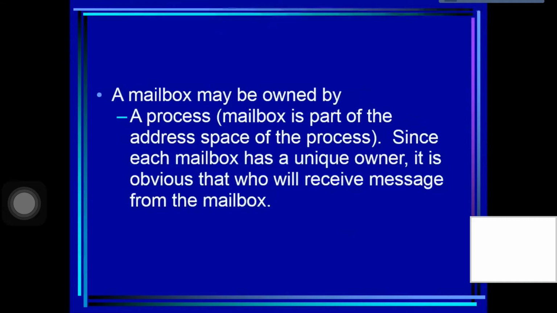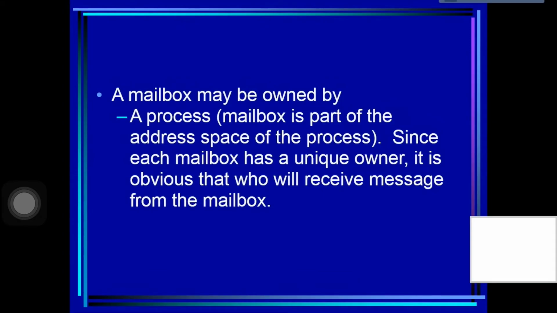A mailbox may be owned either by a process or by the operating system. If the mailbox is owned by a process, that is, the mailbox is part of the address space of the process, then we distinguish between the owner, which can only receive messages through this mailbox, and the user, which can only send messages to the mailbox.